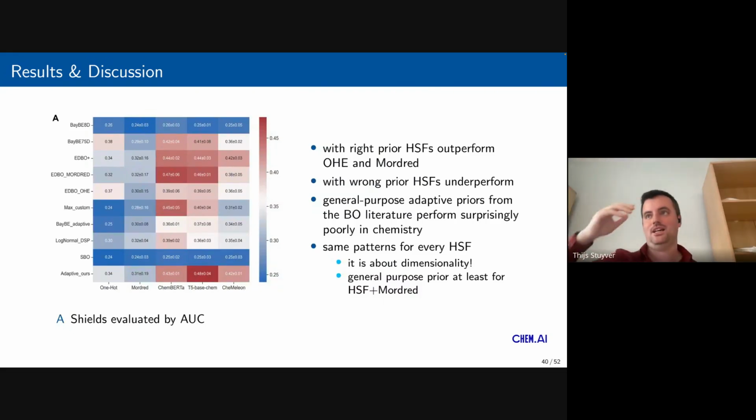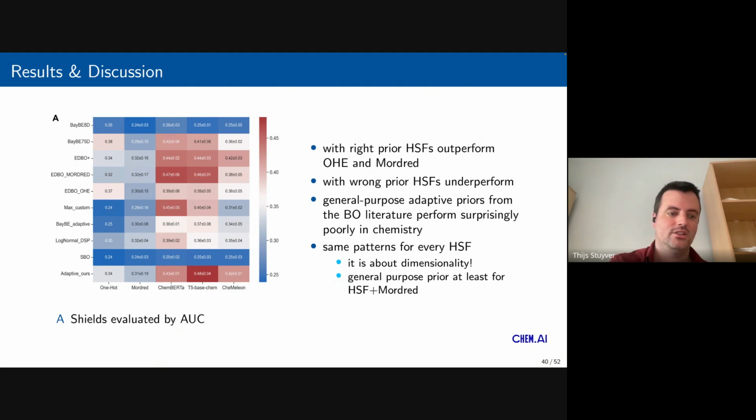Okay, and then just to actually show what happens. In these heat maps, we're just showing on the x-axis the different representations that we tried out. So one hot, Mordred, and then the three hidden space featurizations that Max talked about in the beginning.